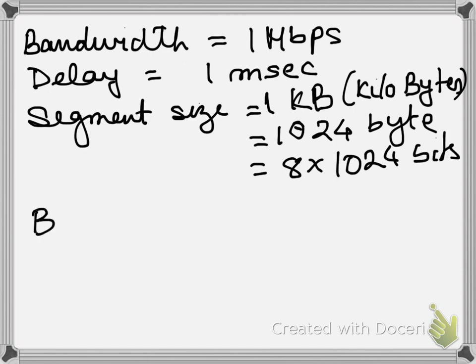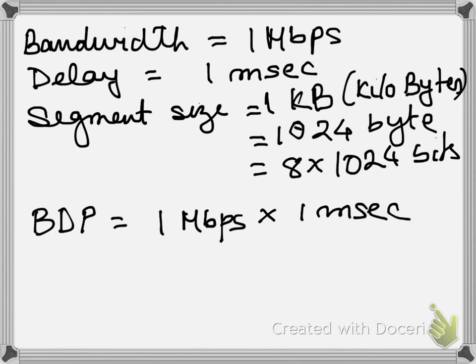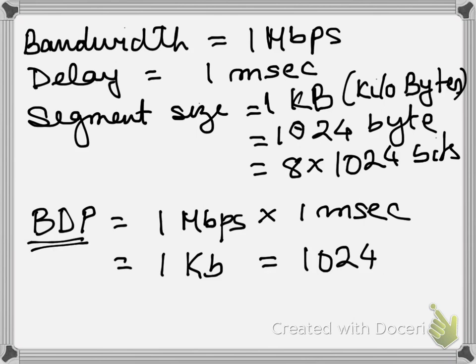Now what is the BDP? BDP would be bandwidth, which is 1 Mbps, into link delay, which is 1 millisecond. So what do you get? The BDP is 1 kilobit. Again I will consider this as 1024. So you see that at a time the BDP is 1024 bits.